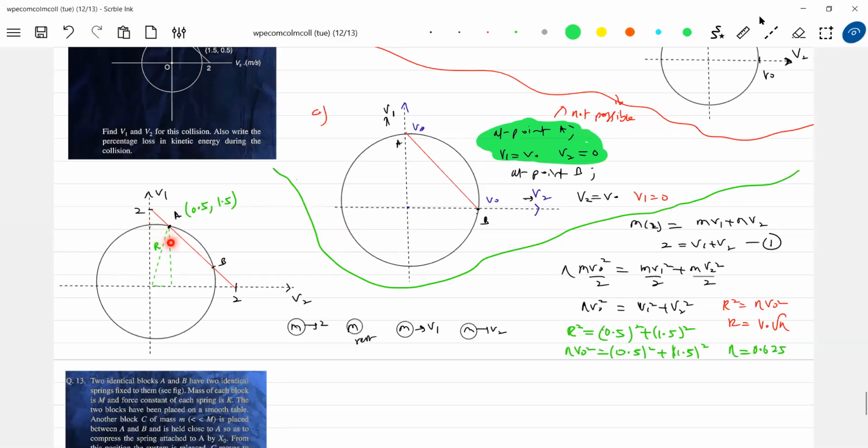If the curve is here, it will be elastic. If the curve got shifted here, then it will be inelastic. In an inelastic collision, the final kinetic energy should be less than the initial kinetic energy. So how much it decreased, that's what eta is. So percentage loss, now we'll calculate. Percentage loss in kinetic energy should be equal to 1 minus eta into 100.